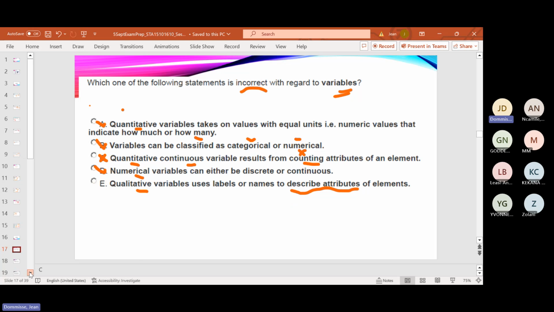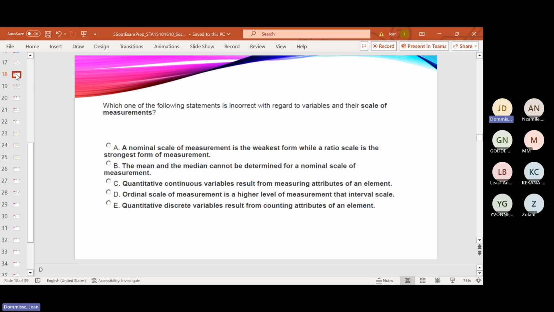So for this one, we needed to go back to chapter 1, where we looked at the differences between discrete, numerical and categorical data, or basically qualitative versus quantitative data. Okay, so that's our first look at that component of study unit 1.